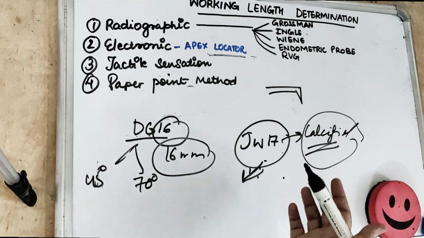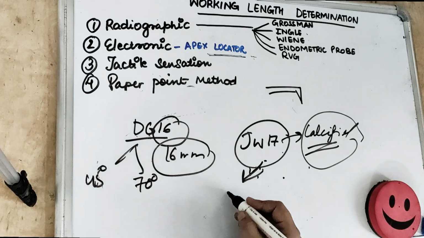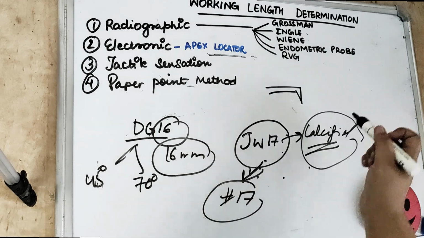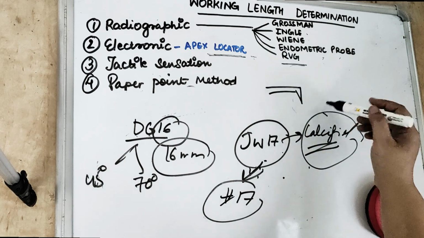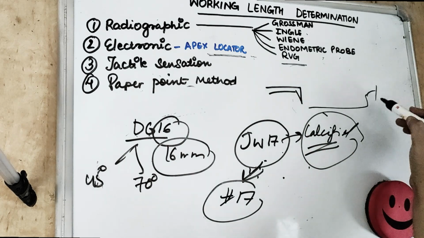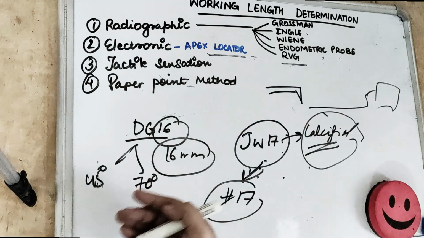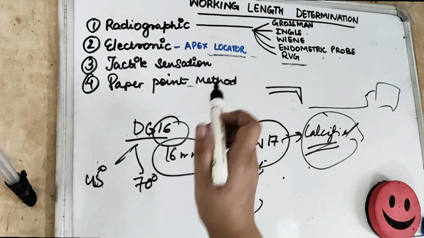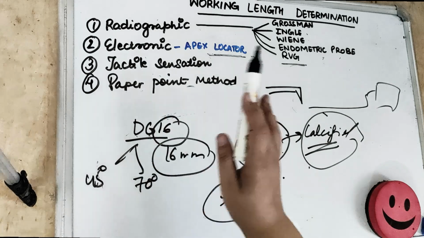And also if we want to check whether any remaining pulp or pulp horn is left, then we check with the number 17 explorers. So we use these explorers and then we take the radiograph. Also we use radiovisiography, which is basically RVG. We take X-rays with the RVG, which is easier compared to the conventional. Now the apex locator, the electronic method, we are going to cover in the next video.